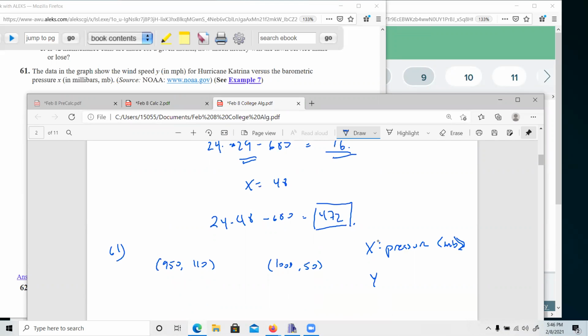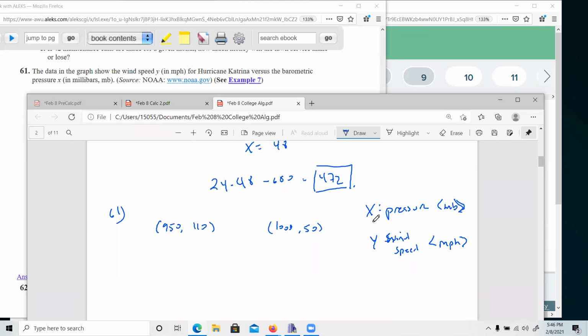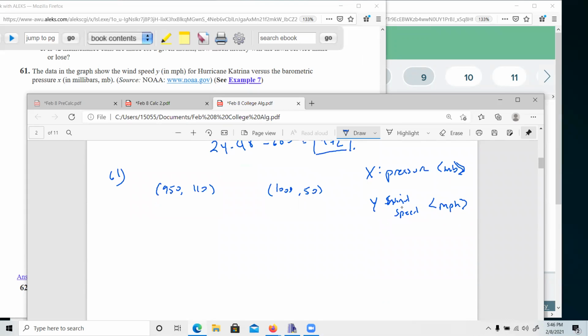Okay, and our y's were in wind speed. I think that was in miles per hour. Okay, because they're going to ask us some interpretation questions eventually. So I'd really like to know what's going on, when I go back to interpret it.